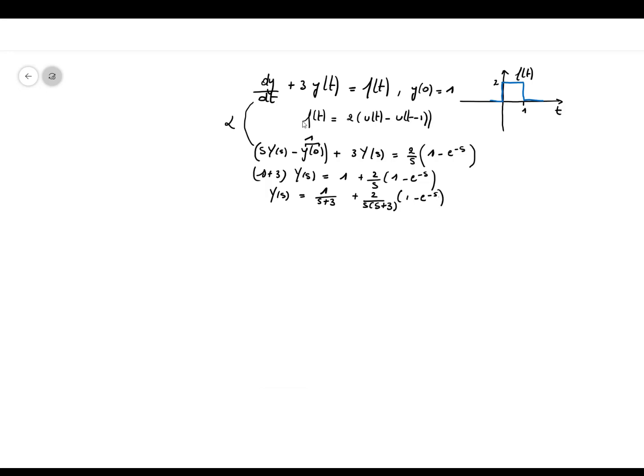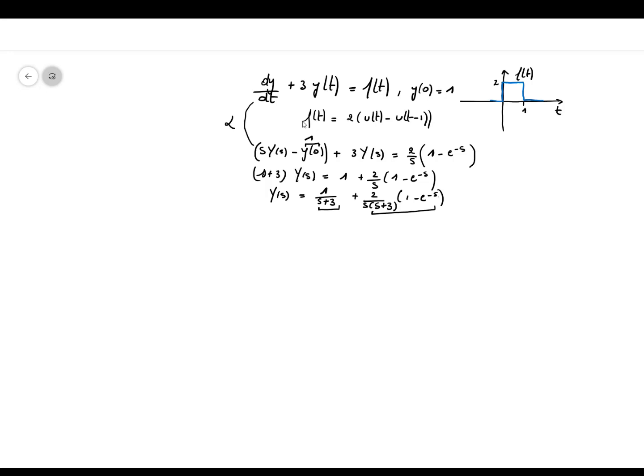Okay, this looks right, and this is the 0 state response that comes from the input, and this is the 0 input response that comes from the initial conditions, right?